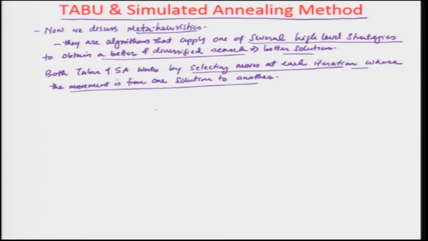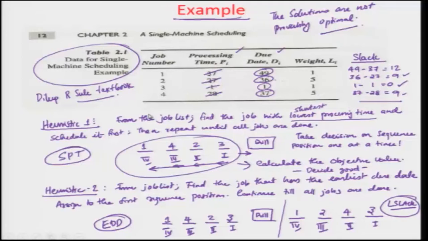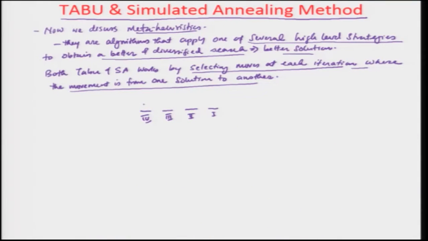to another. So for example, if you think about the previous case, you have 4 sequence positions. Okay, if you look into this, one is 1 4 2 3. And now we want to find out what. Now the way to do it is we exchange these positions.